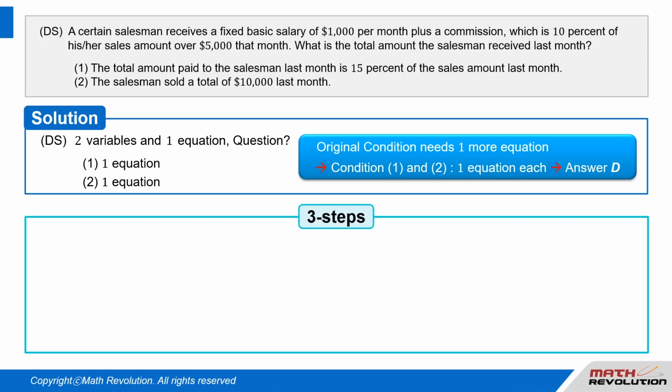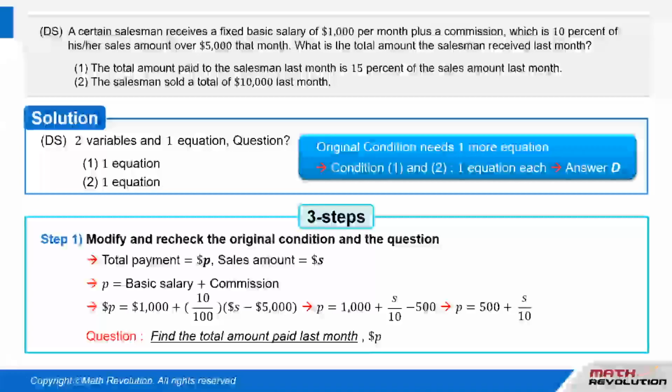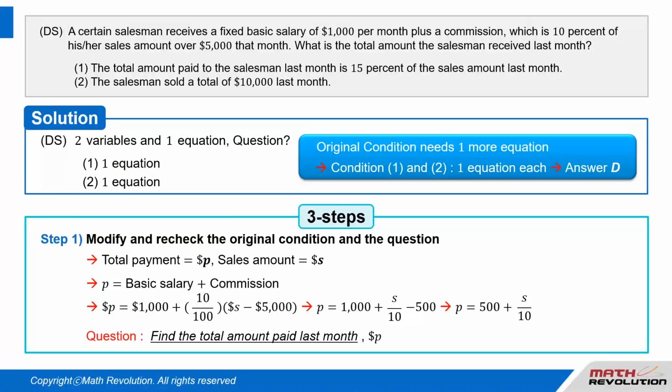Let's apply the 3 steps suggested previously. Follow the first step of the variable approach by modifying and rechecking the original condition and the question. Let the total payment be $P and sales amount be $S. So P equals the basic salary plus commission, or $P equals $1,000 plus 10 over 100 times of whole of $S minus $5,000.